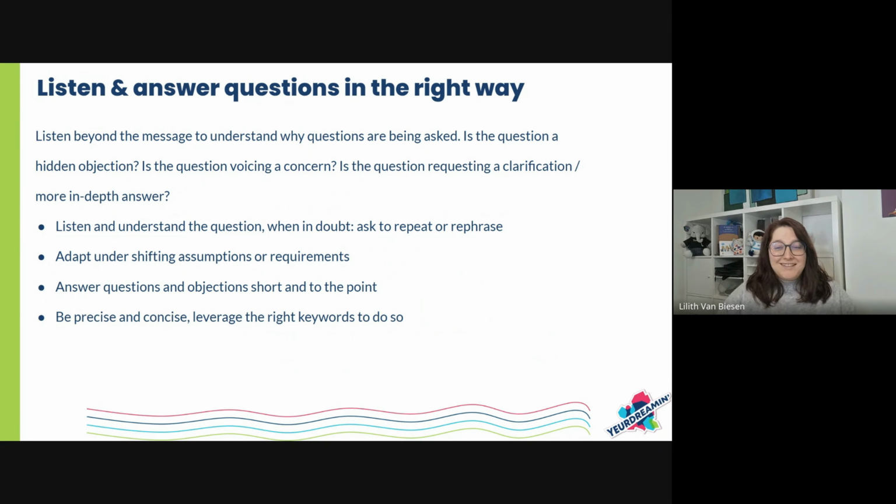It could be that in them asking you questions, some of the assumptions that you had made or some of the requirements that you had seen actually adapt, are changed while you're in the presentation. This is very, very normal. This is something that happens all the time. So you need to be able to adapt to those shifting assumptions and requirements. If they say, yes, indeed, we need the offline capabilities, and they're offline for weeks on end, so there's no syncing in between, then that's what you will need to deal with, and that's what you will need to solve for.